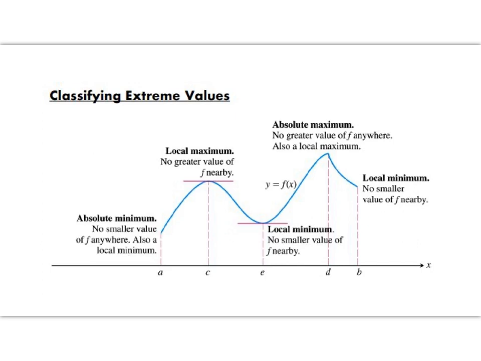I want to point out something rather fascinating. If you notice at this local max and this local min, the derivative of the function would be 0 because it looks like we have a horizontal tangent in both places. You might also note here that we're not differentiable.